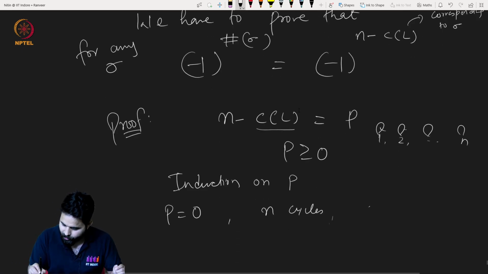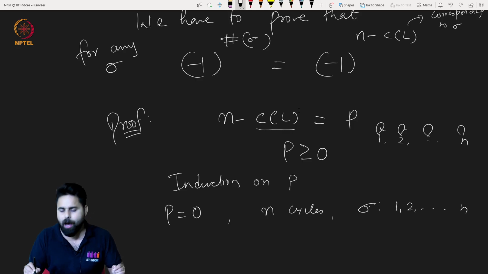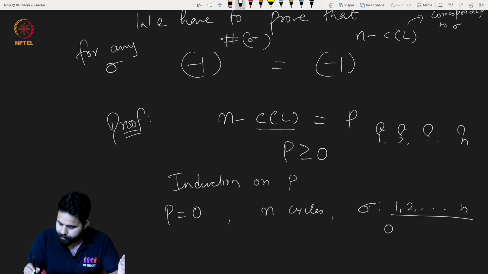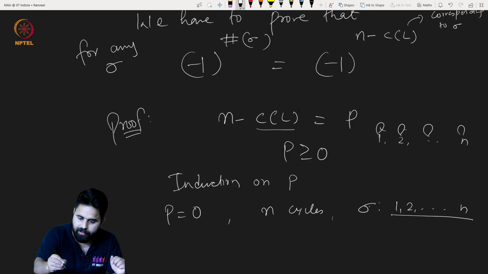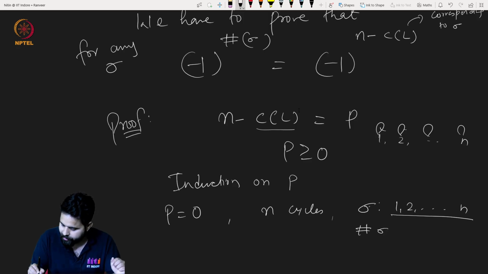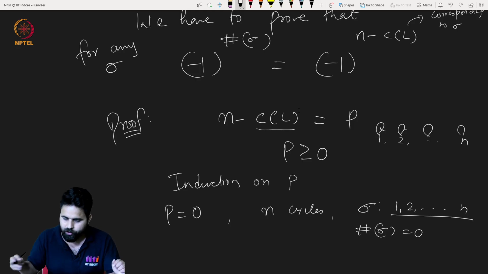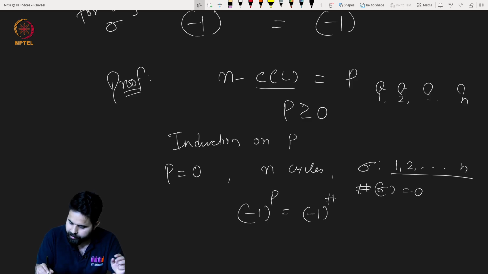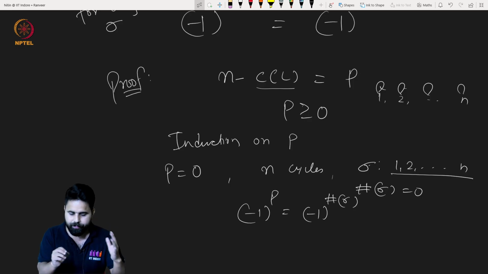The corresponding sigma is nothing but the identity. How many inversions are there? There are 0 inversions. So the number of inversions in sigma is 0, and P is equal to 0. That means this is proven: minus 1 to the power P is the same as minus 1 to the power sigma, when P equal to 0.